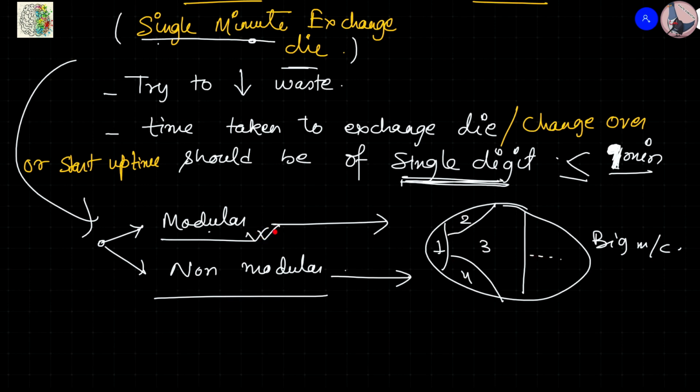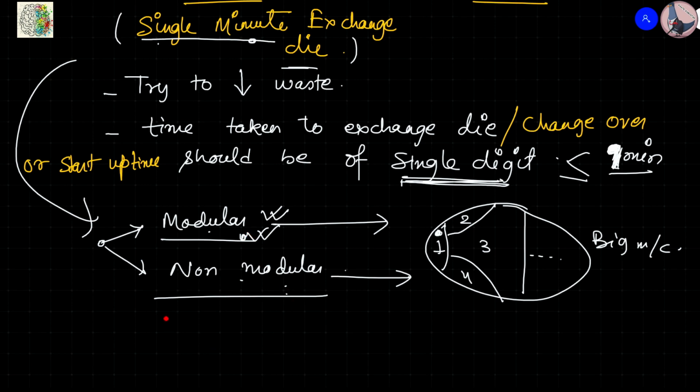So in case of modular, suppose there is some problem in machine part A, then we can exchange only that machine part, and then the entire machine will again become functional. Whereas in non-modular, all parts are interconnected, and there is no option of changing only one part of it. If you want to change, you will have to change the entire machine. So if your machines are modular, it becomes very convenient and easy for maintenance.